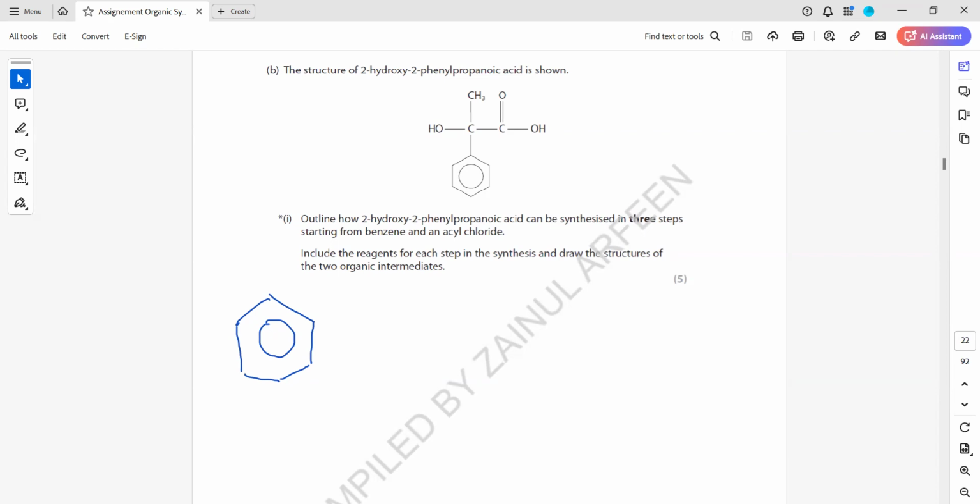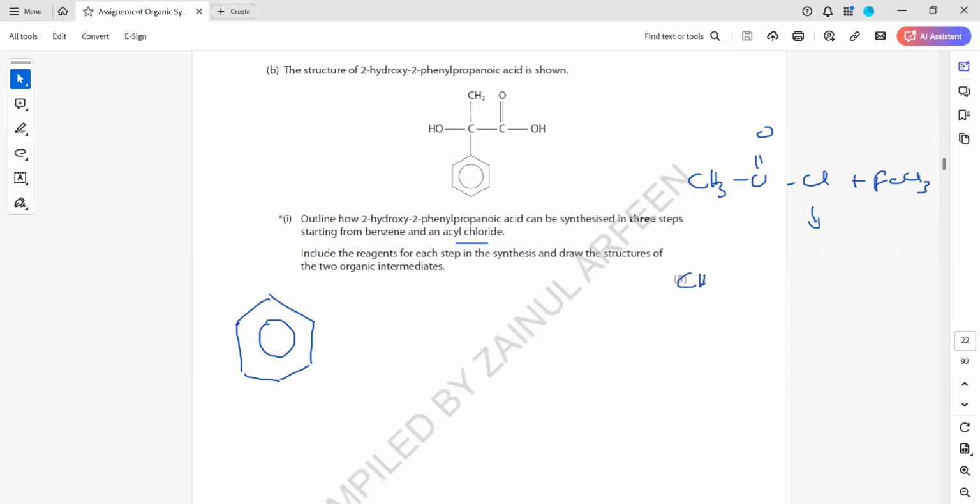So first we have to produce an electrophile. How can we produce an electrophile here? Acyl chloride is there. So we have acyl chloride, CH3C double bonded with O and Cl, which we can react with iron 3 chloride, FeCl3.